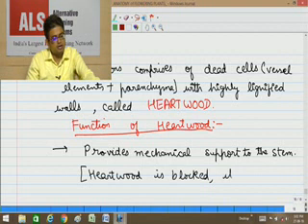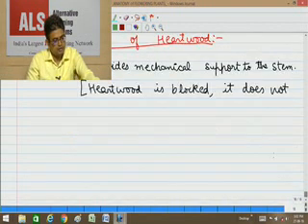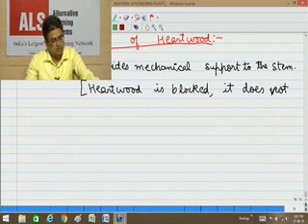It does not conduct water and minerals. It is blocked with stored substances.